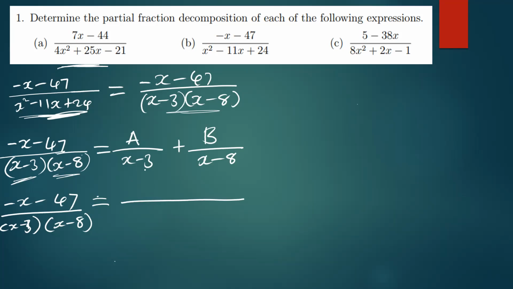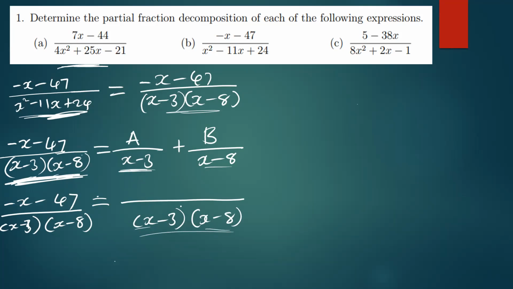The common denominator is found by just multiplying the linear factors that you have, which is x minus 3 and x minus 8. And then you multiply this into the whole expression here, which is the denominator.